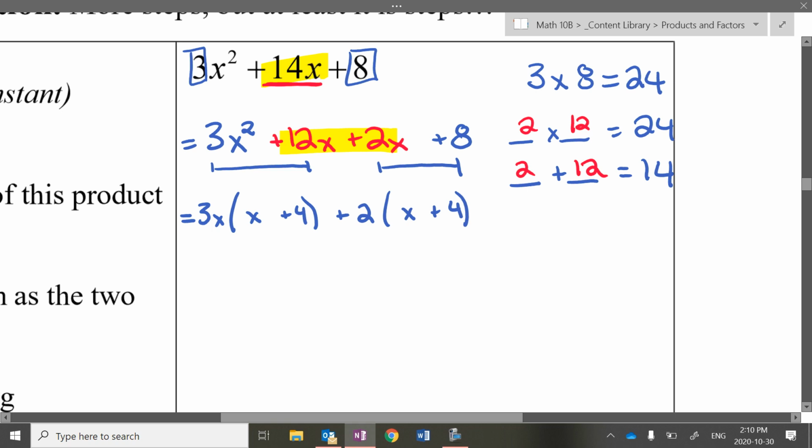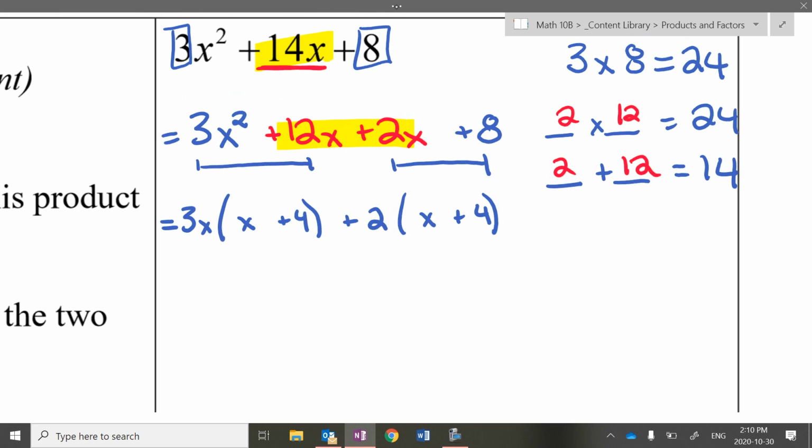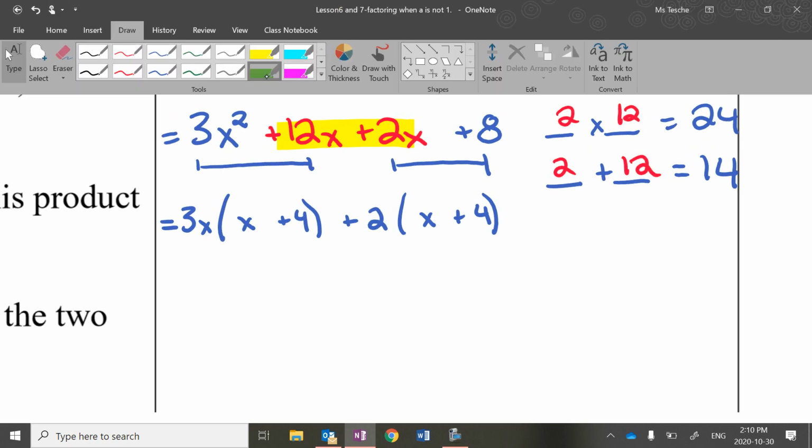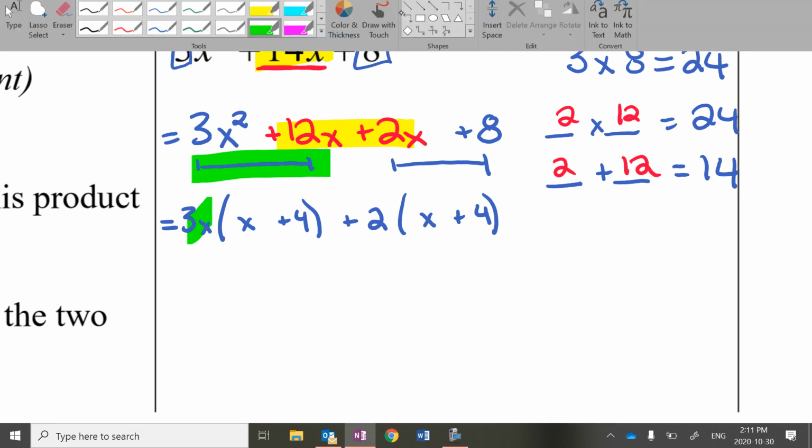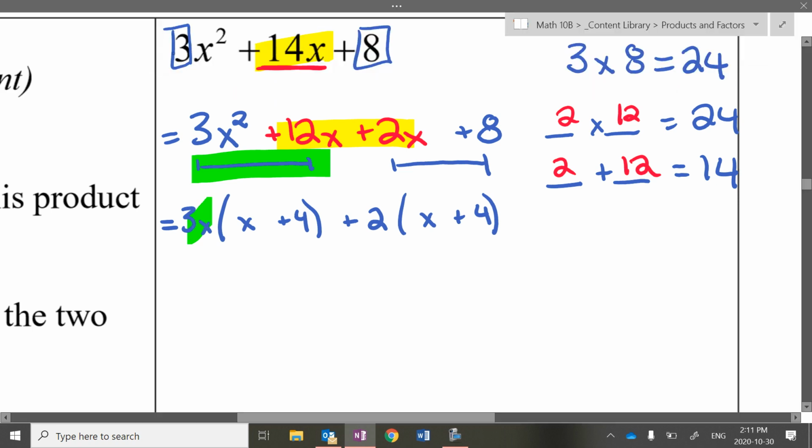Okay, hold on. Sorry, grade 10s, let me go back. I wrote it down wrong. So this first one, we're factoring out 3x. Gavin, listening. We're factoring out 3x from my first one. 3x times x gives us our 3x squared, which is where we were at. 3x times 4 gives us our 12x.